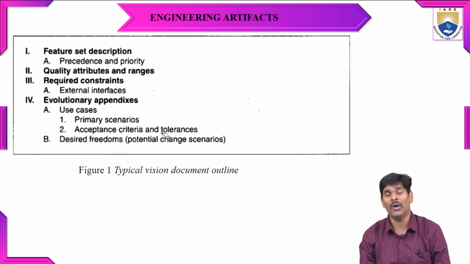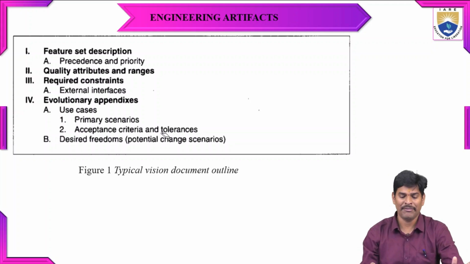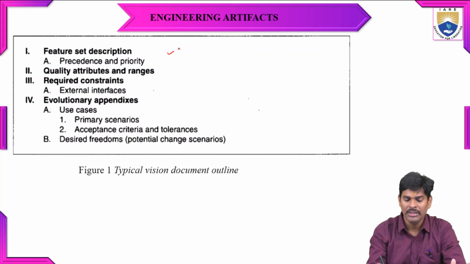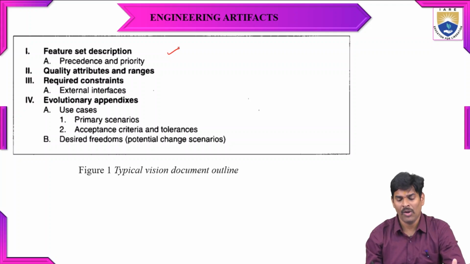Now we'll see what a good vision of the project documentation looks like. The first one is the feature set description, where we know the precedence as well as the priority. So they need to check the main requirements during the initial stage of the project. The next one is quality, so quality attributes and release.